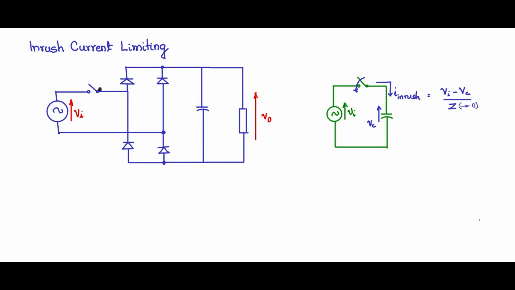So every time you switch this on, these diodes will blow up, or the capacitor will blow up, and this circuit will not function at all. We have designed these diodes and capacitor to function in the steady state, but we are not able to take the circuit into the steady state because of this inrush current problem.